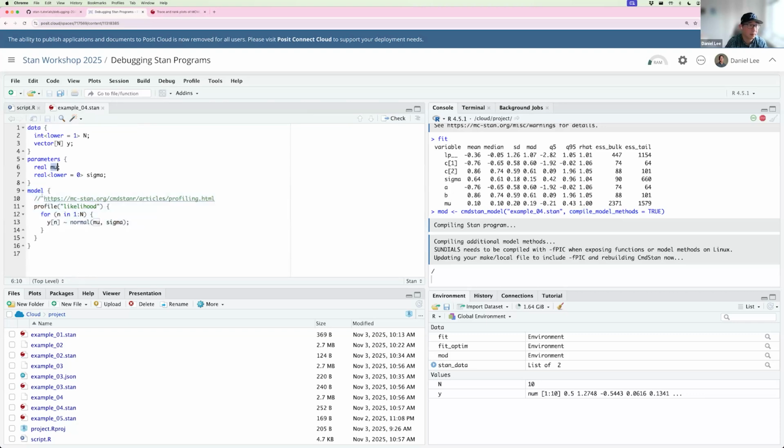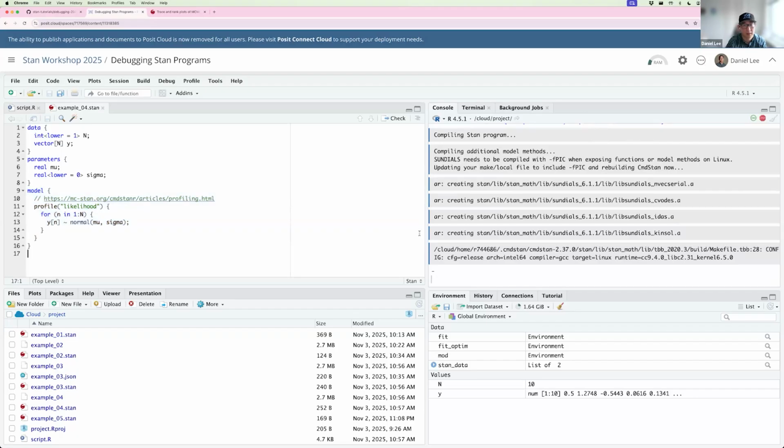You pass in parameters and it's going to understand how to put it in, and you're going to be able to evaluate the target. Grad log prob will not only evaluate the target, but it will also evaluate the gradients at that particular location. Again, I was having trouble last night running this, so we'll see if we get any further today.